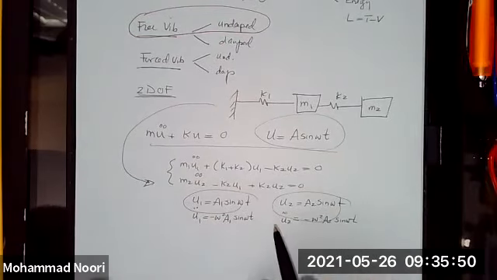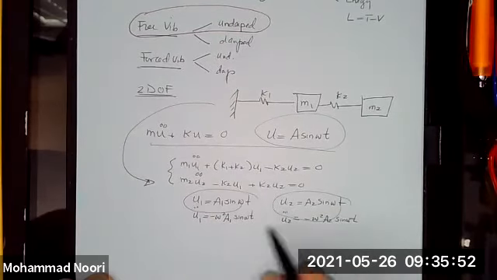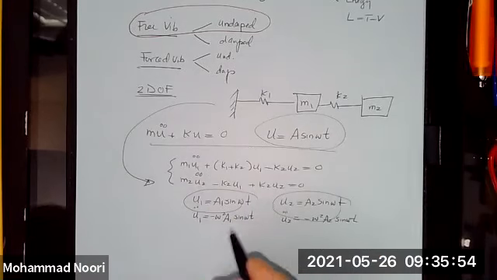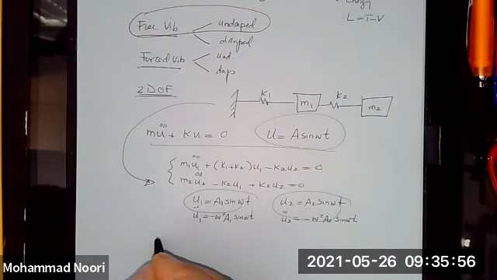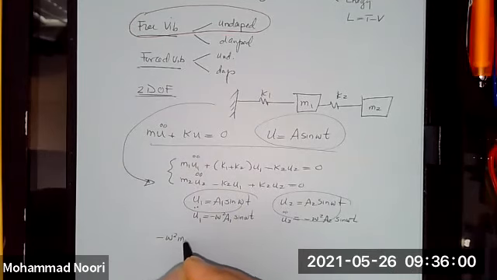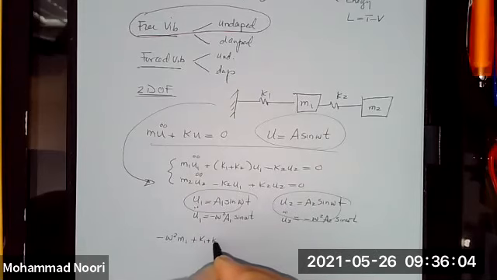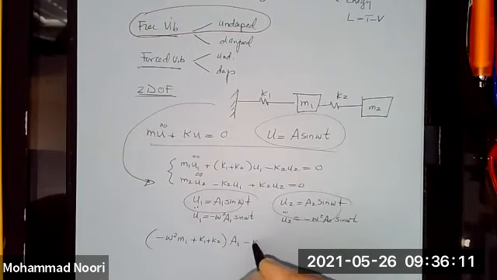And if you simplify that, a little bit of algebra involves substitution and simplification, you end up with this equation: negative omega squared M1 plus K1 plus K2 times A1 minus K2 times A2 is equal to 0.